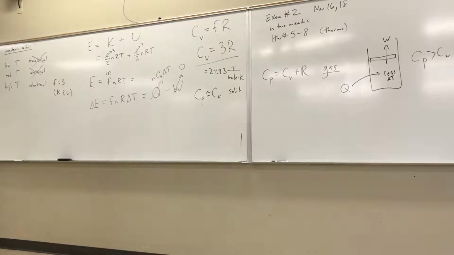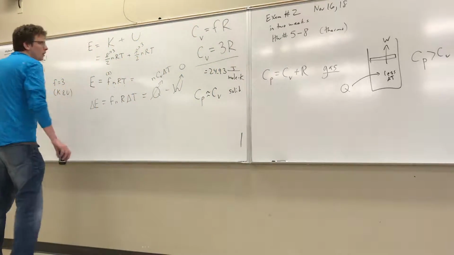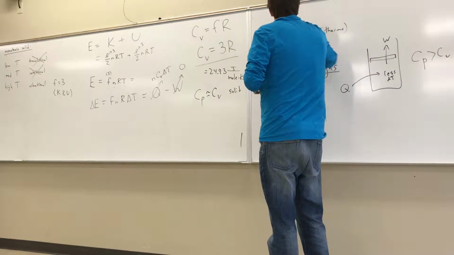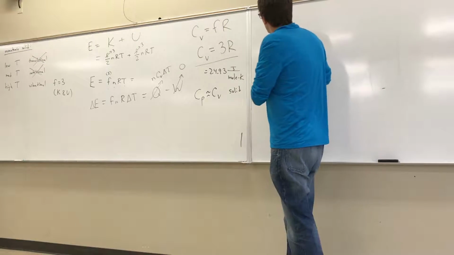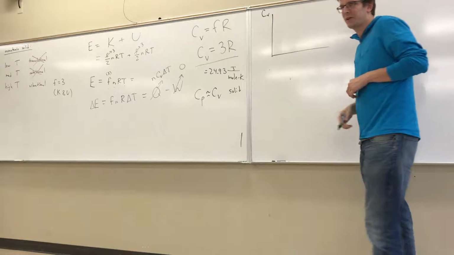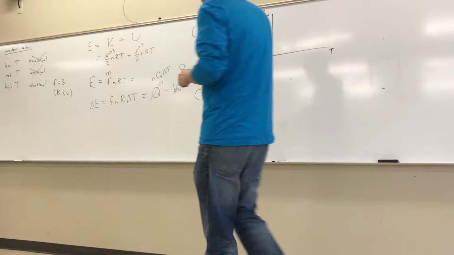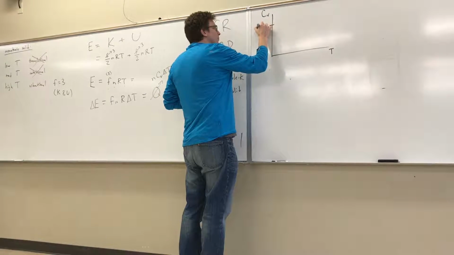So let's once again make a comparison of real-world things. Oh, and before I do that, I should show you what the graph looks like. What does Cv, or Cp, it doesn't matter, look like versus temperature? Now, it appears to be a constant, but remember, in order for it to reach 3R, we have to have the high temperature fully engaged. So it looks like this.